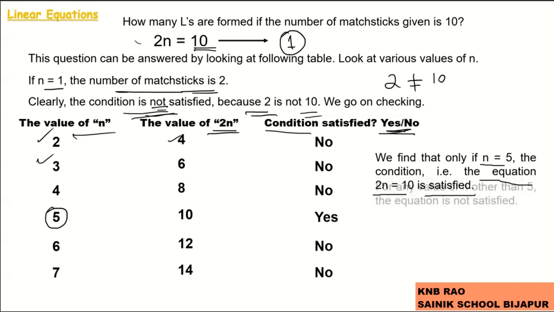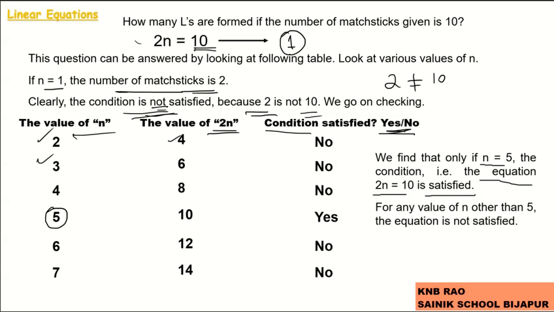For any value other than n equal to 5, the equation is not satisfied. So with this I can say n equals 5 alone satisfies the equation 2n equals 10.